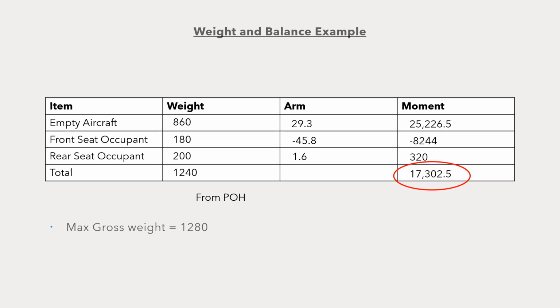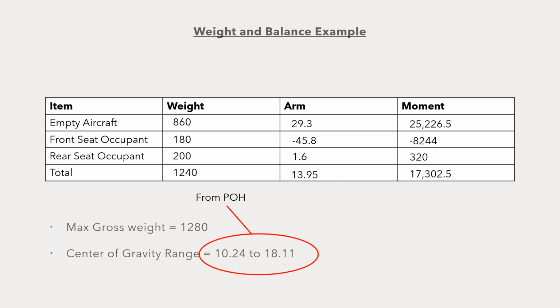The moments get added up to calculate the total moment, and then you calculate the overall arm for the center of gravity by dividing this number by the loaded weight. Comes out to 13.95.